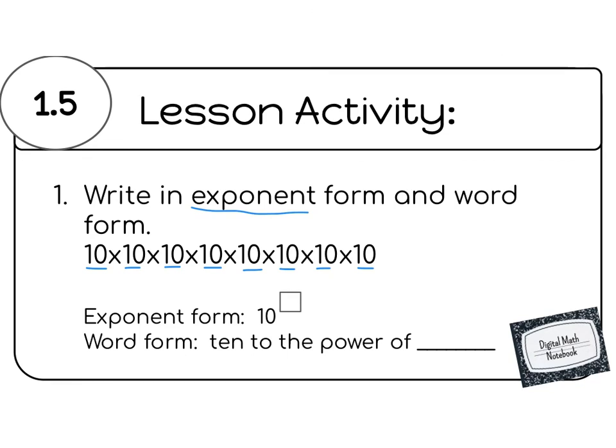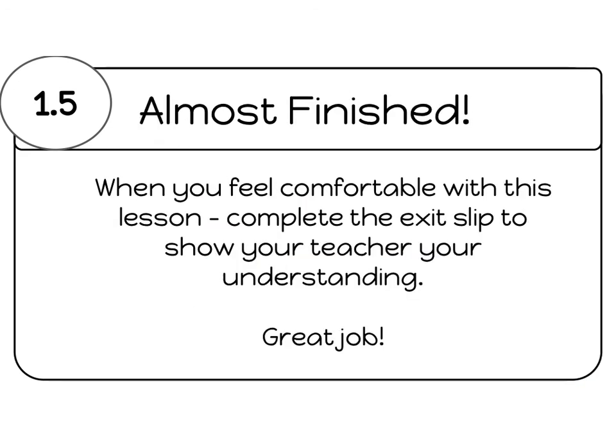So this is 8 times 10. So you're going to fill in this box here, and that same number should go here. It's 10 to the power of, count it and see how many tens there are. That same number is going to go in both, but the second time it's going to be written out in a word. All right. Great job, fifth graders.